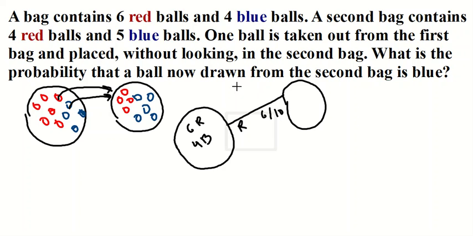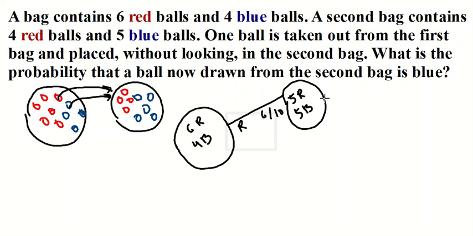And similarly, like I've mentioned earlier, if we are to select a red ball from the first bag and place it without looking in the second bag, the number of red balls in the second bag will increase by 1. So now we will have 5 red balls and 5 blue balls in the second bag.